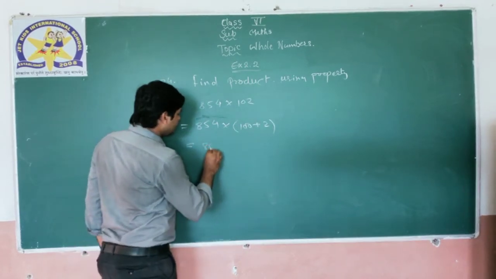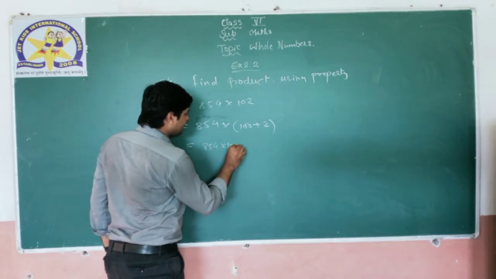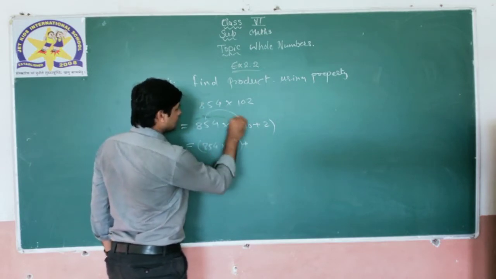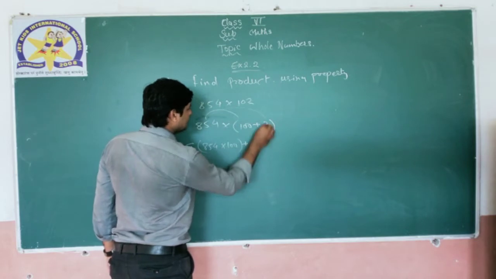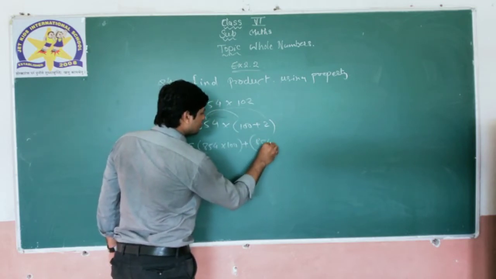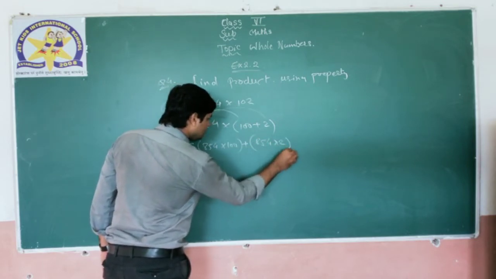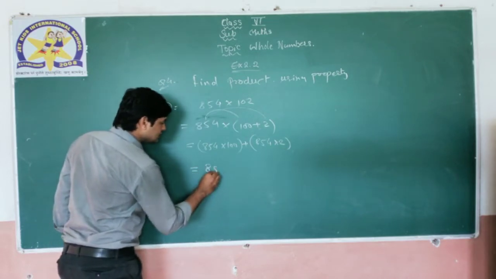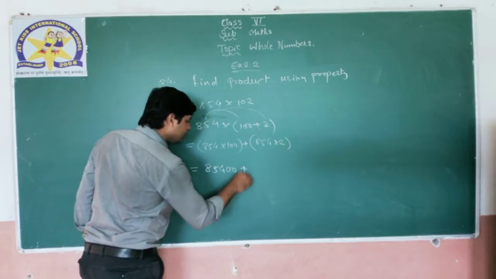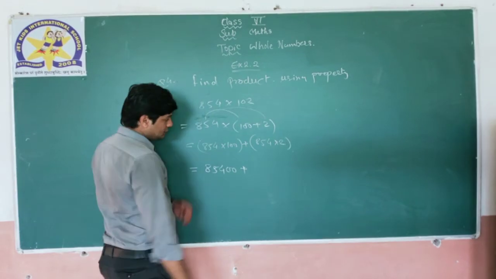So here 854 multiplied by 100 first, then plus sign, then 854 multiplied by 2. Here just add two zeros. We know very well why we are adding two zeros.